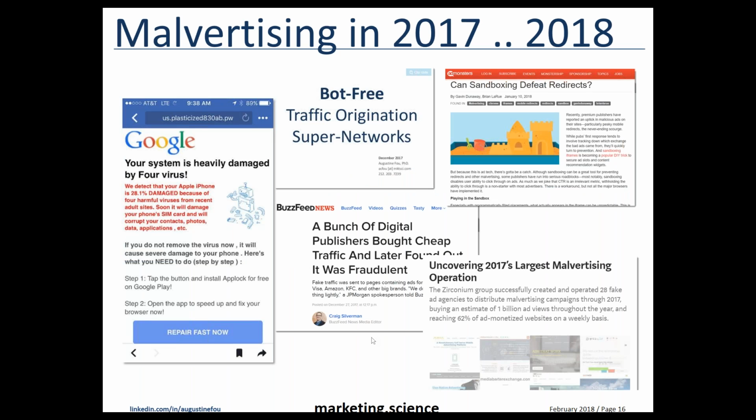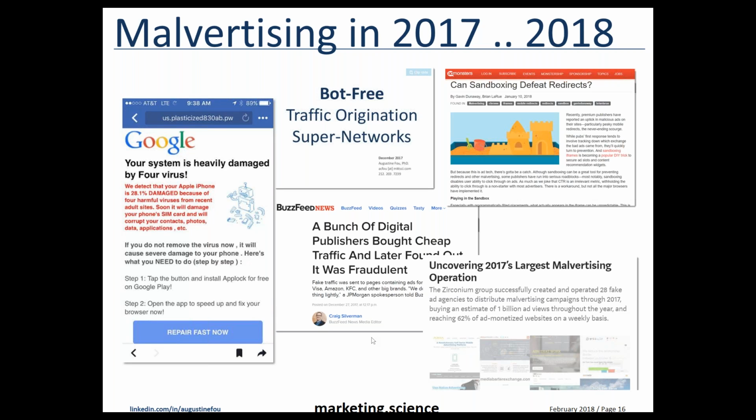They cannot detect it. One great example of this, meaning the fraud still slipping through, started at the end of last year and continues into this year. I don't know how many of the publishers in the audience today have experienced this, but what I'm showing here is the malvertising campaign that started in Q4 of 2017 that is still going on right now.